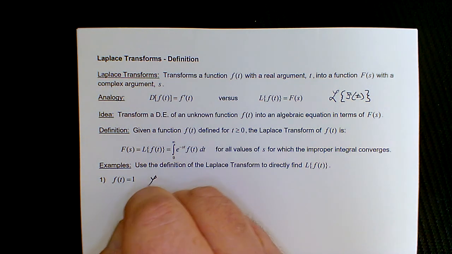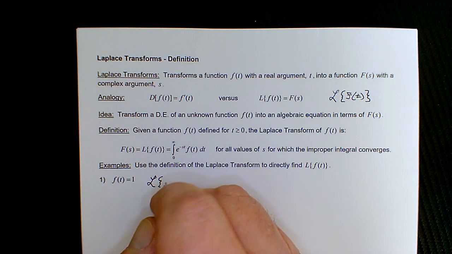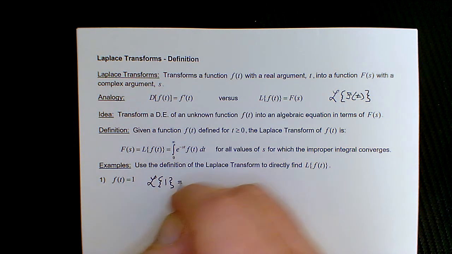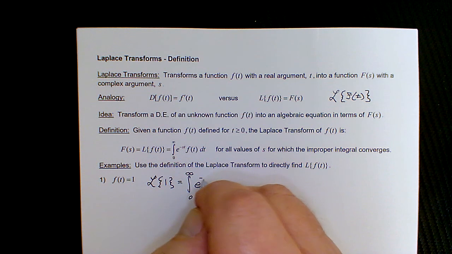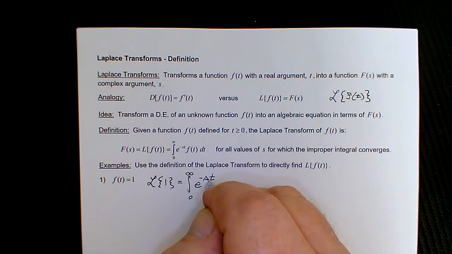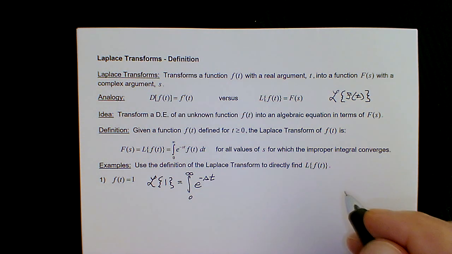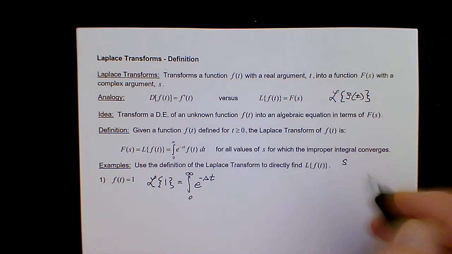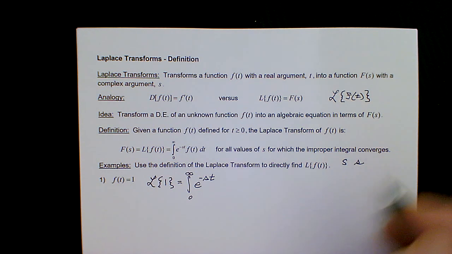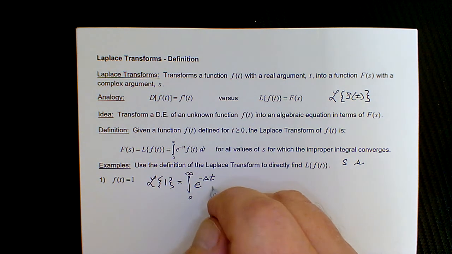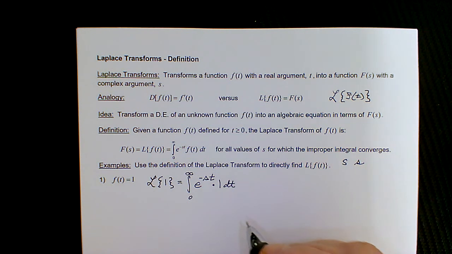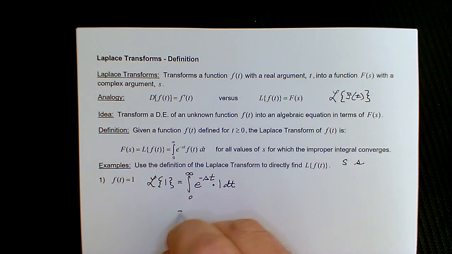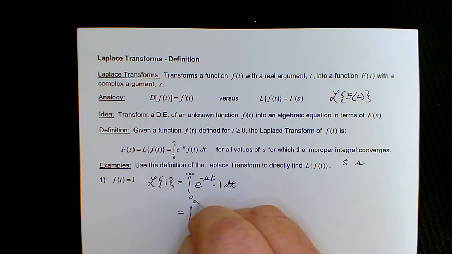To take the Laplace of the function 1, it would be the integral from 0 to infinity of e to the negative st. And I'm going to make my s's like that, because if I make them like this, they look like 5s, so I'll use cursive, and then times the function 1 with respect to t. And so that just gives us the integral from 0 to infinity of e to the negative st.